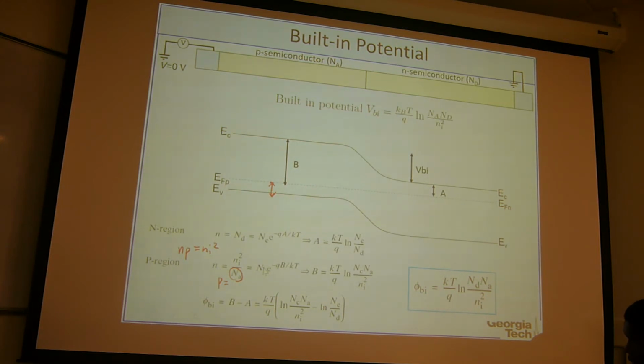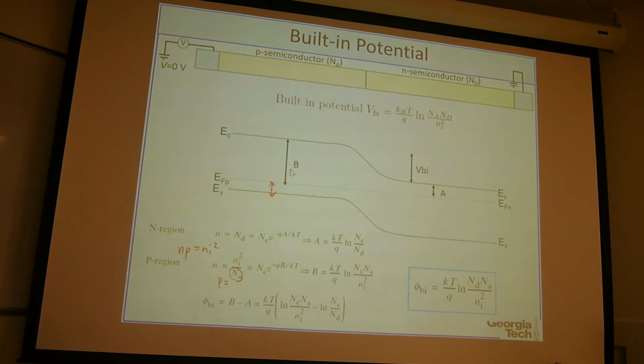Electron density is always determined by how far the Fermi level is from the conduction band edge, which is B in this case. So you get this equation, and you can solve for B.